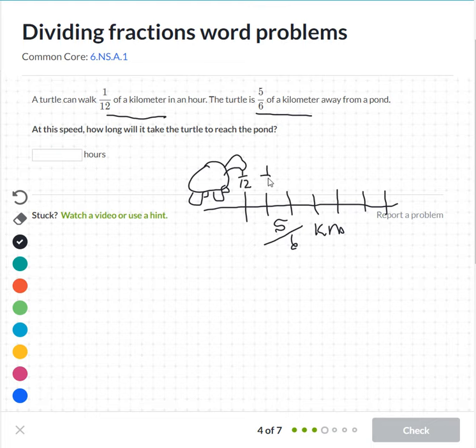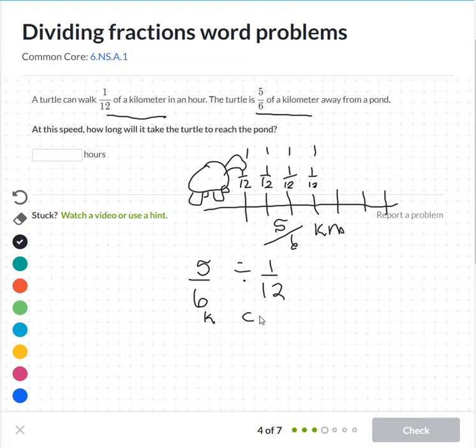I'm not sure how many 1/12s there would be, but this is what's happening. An hour passes, and 1/12 is covered. Another hour passes, another 1/12, and so you're continuing in that way. So what math are you doing? You're splitting the distance of 5/6 up into 1/12 portions. So 5/6 divided by 1/12 is how you would answer the question.